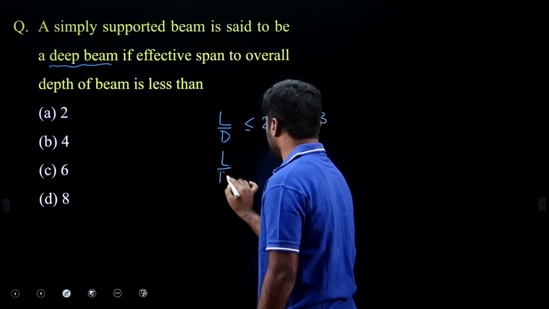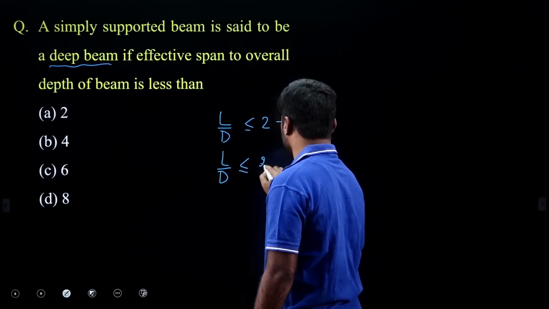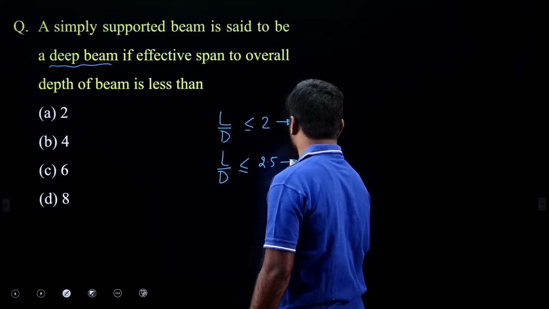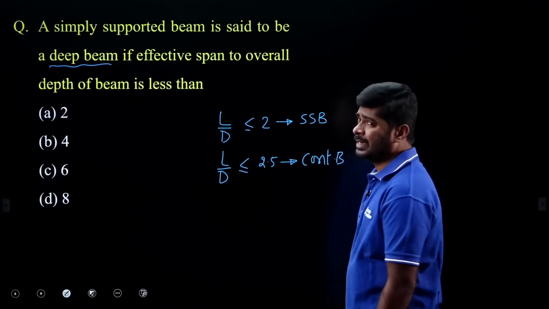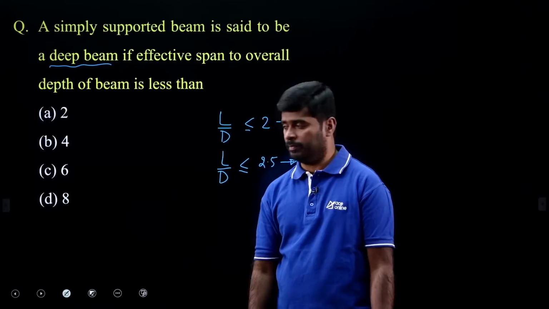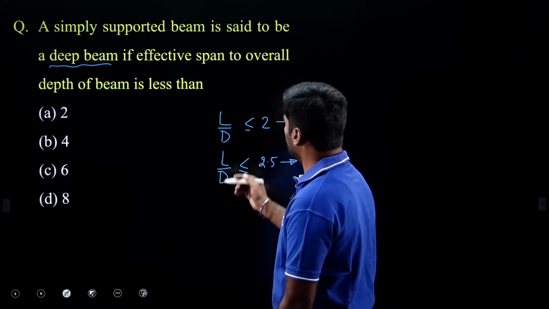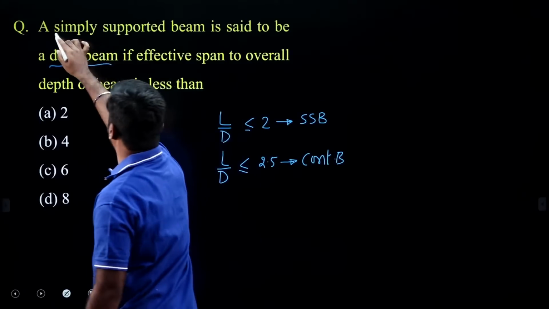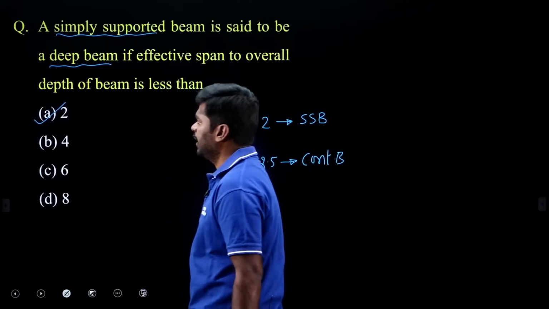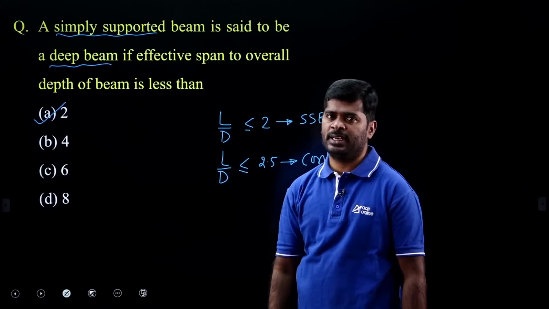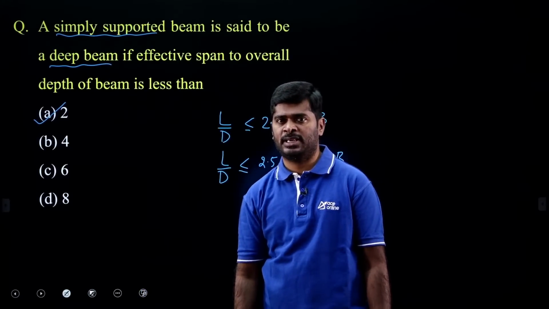Similarly, for a continuous beam, if span to depth ratio is less than or equal to 2.5, then it is considered a deep beam. Right, here they have given a simply supported beam. So, L by D ratio must be less than 2, then only it is considered a deep beam. Otherwise, we can consider it a normal beam.